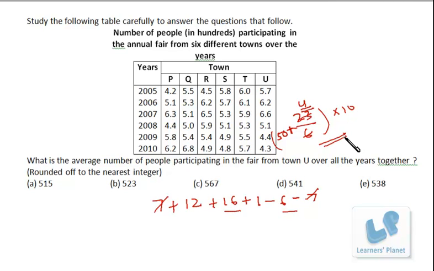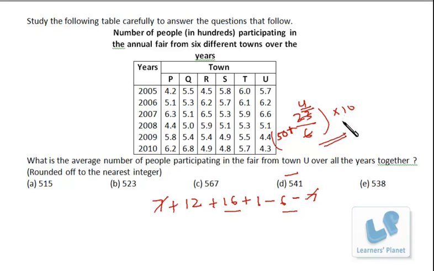So our answer will be a bit less than 540, right? So we have a closer option as 541, but our answer should be, because 23 is less than 4 times of 6, so total calculation is 54. So 54 into 10 is 540. So our answer should be less than 540, right?